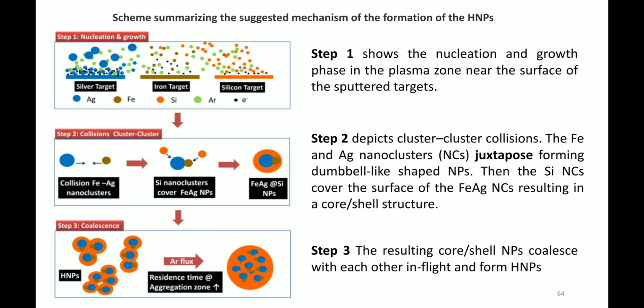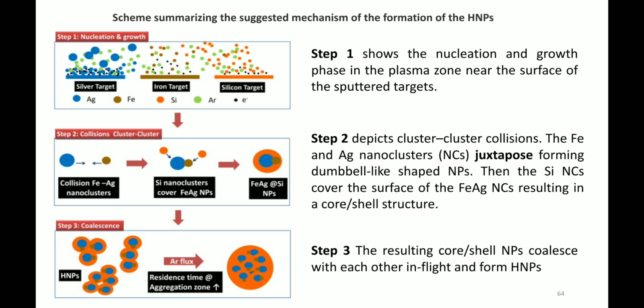Okay, iron target is there, then silicon target is there, and argon ions are there. Argon ions are basically doing what? They sputter out the atoms, and electrons are there. So you can see that they are co-sputtering.